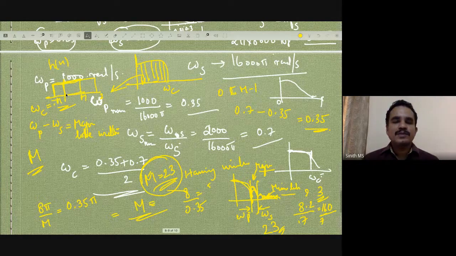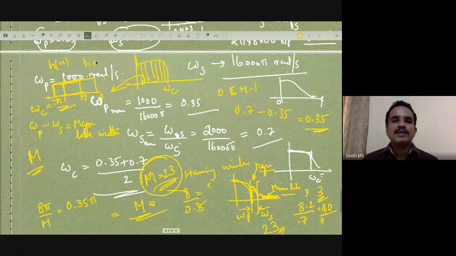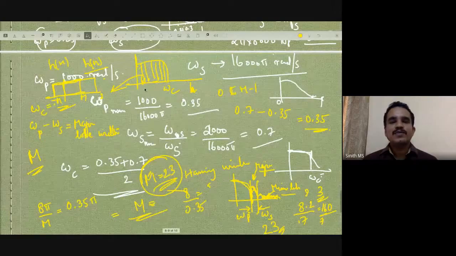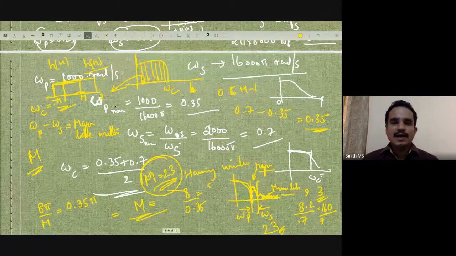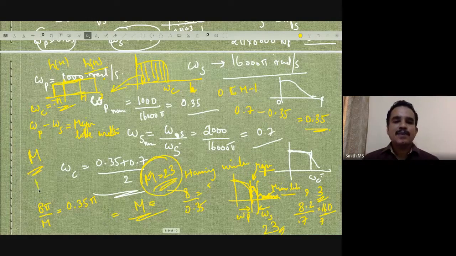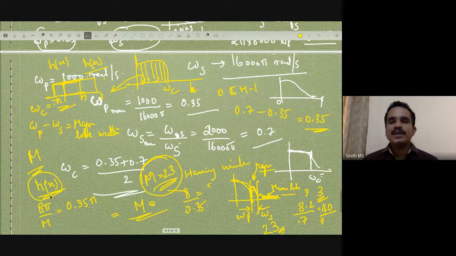For the system to be causal, h(n) should exist only on the positive side, so shift the window from 0 to M and then multiply. Then you get the approximation of the filter transform, which will satisfy all these criteria.